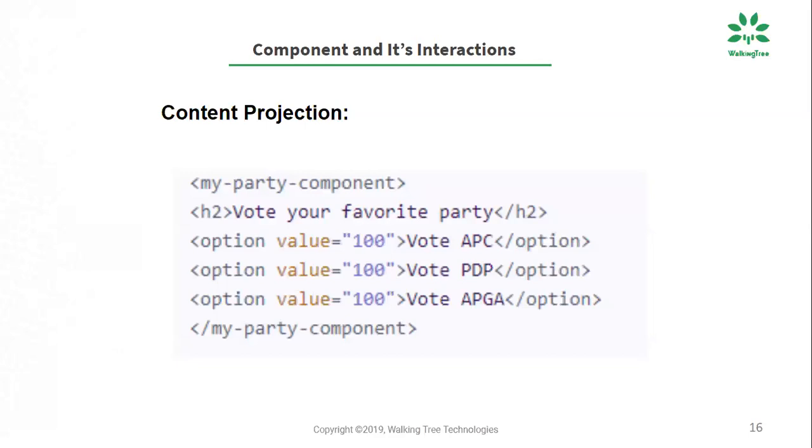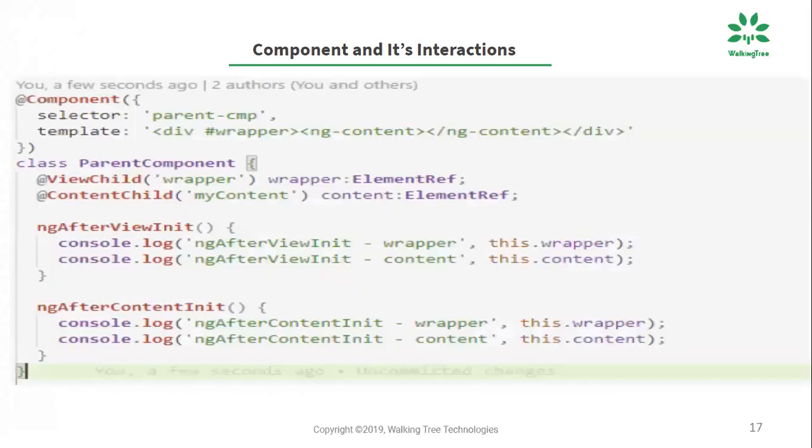In this template, as you see in this slide, we have written one div. Whenever we use this parent component as an element, we are putting this entire template into that DOM structure.